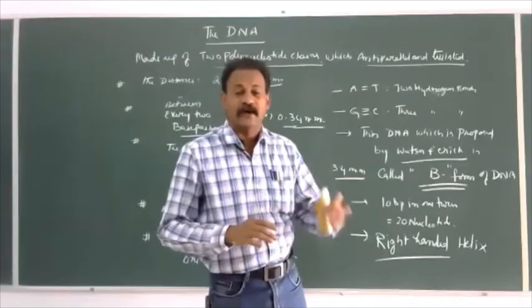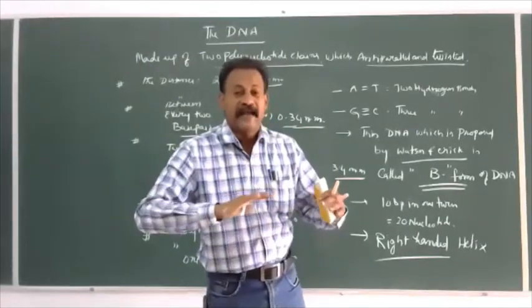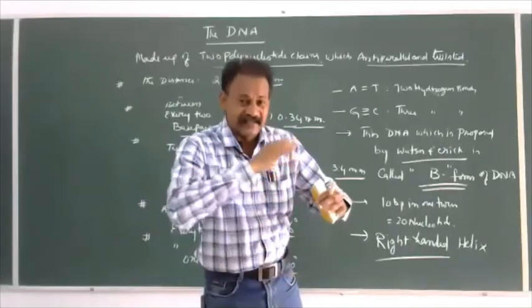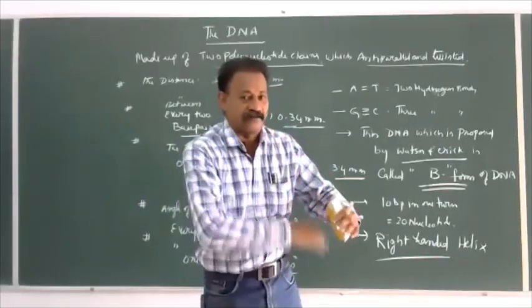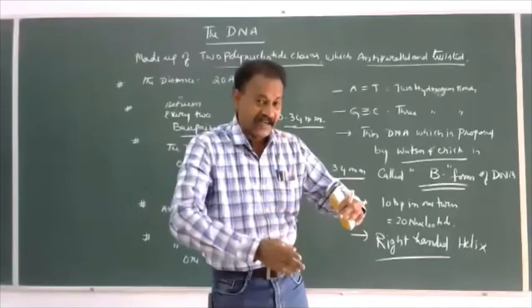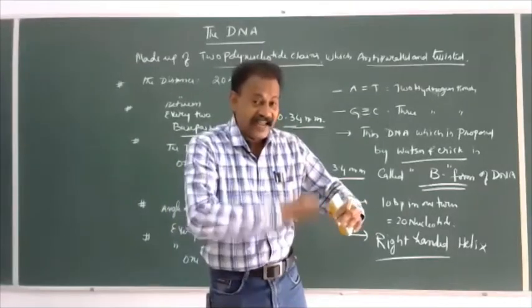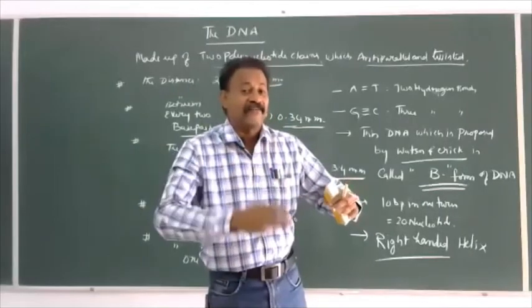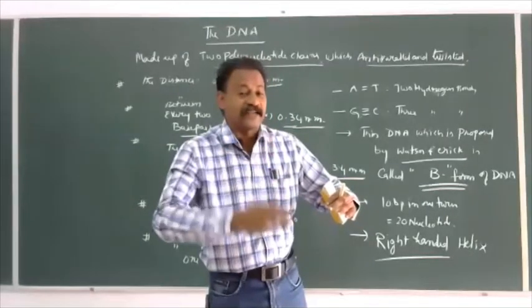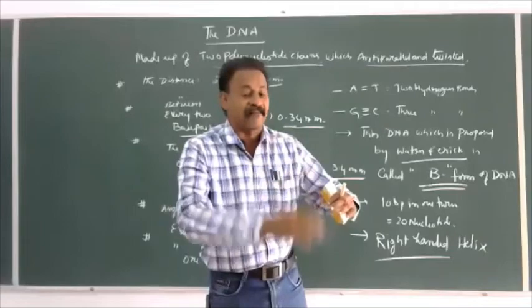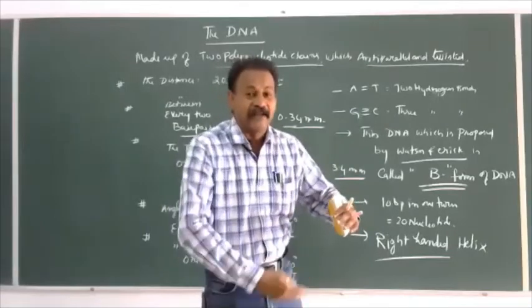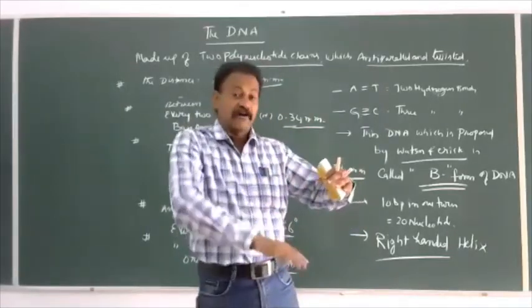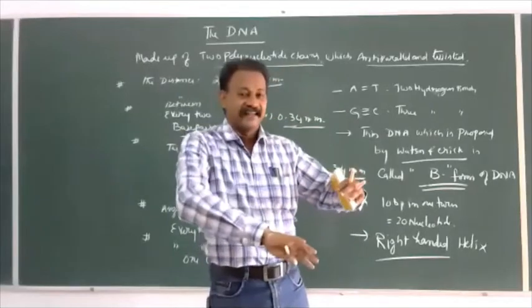Whenever we are going to wash this, we keep our hand and make the cleaning movement of the pot. This movement of cleaning is called right-handed helix. It means the coiling of 2 DNA polynucleotide chains in a right-handed way, clockwise manner. If we make it the other way, it is called left-handed helix.